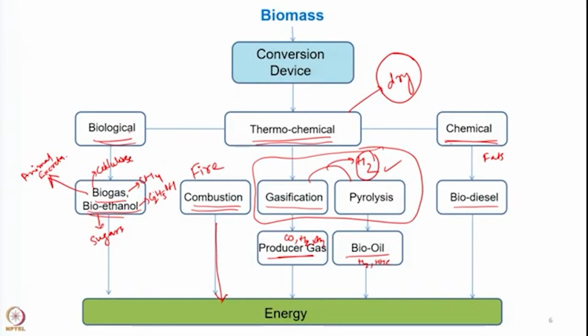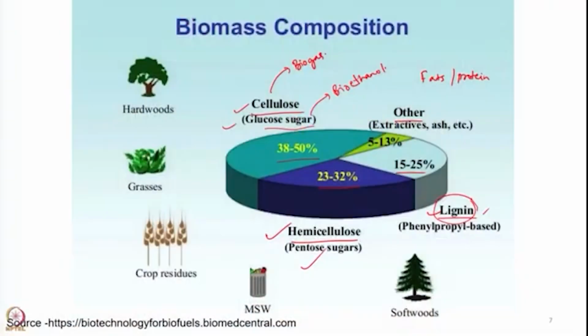We have to have this perspective. Then we looked at the different verticals of the biomass conversion process, and among those the thermochemical processes, gasification and pyrolysis, which give us hydrogen and which we are targeting to understand. We also looked at the typical composition.